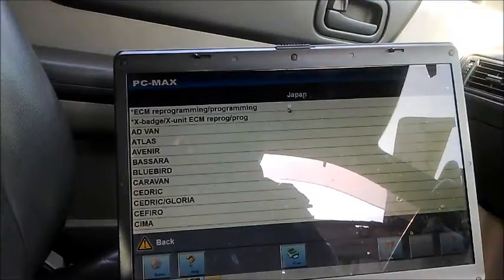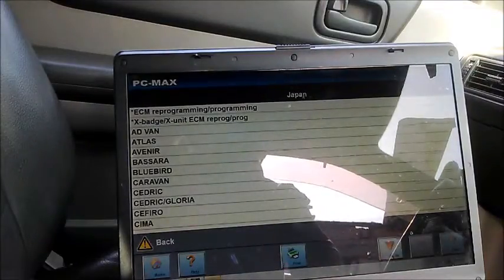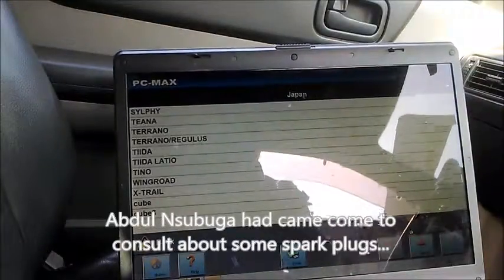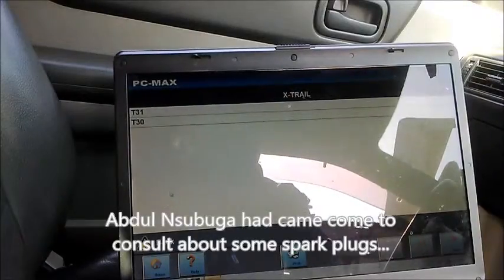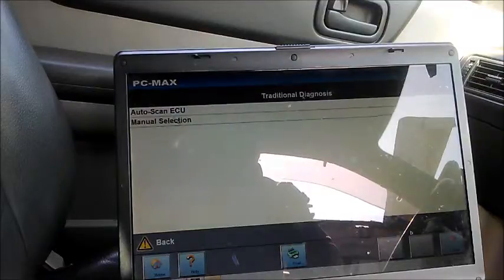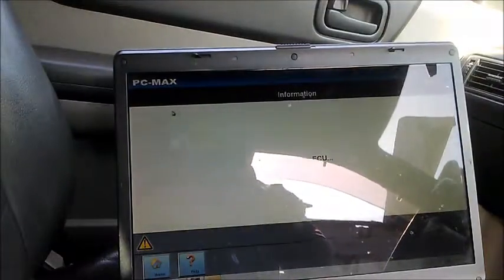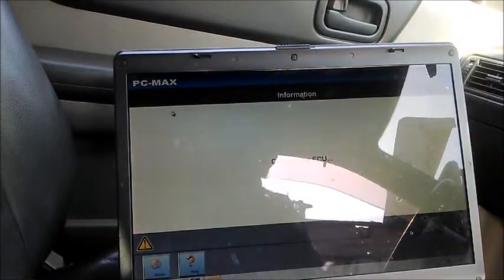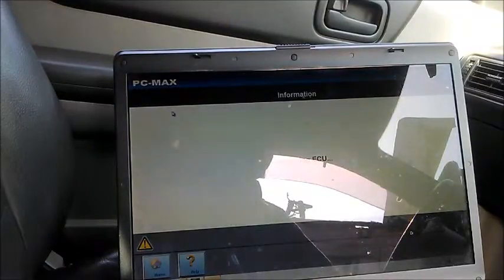Sorry, I got interrupted for a minute, but I'm trying to get into the engine control module. This vehicle, I'll actually start the engine.